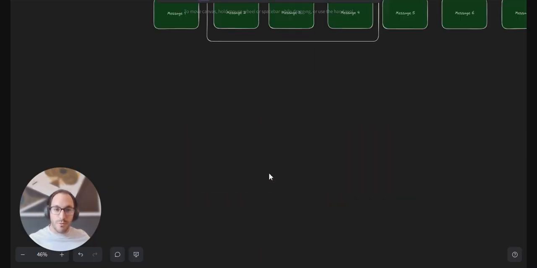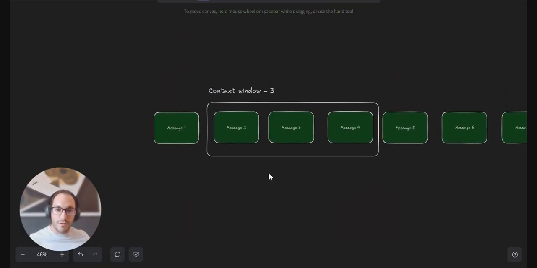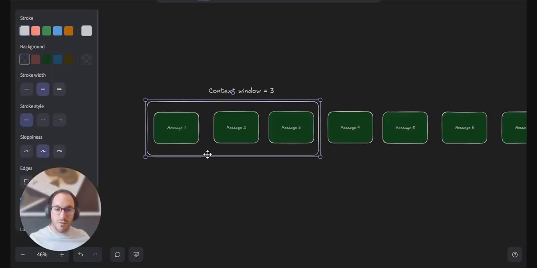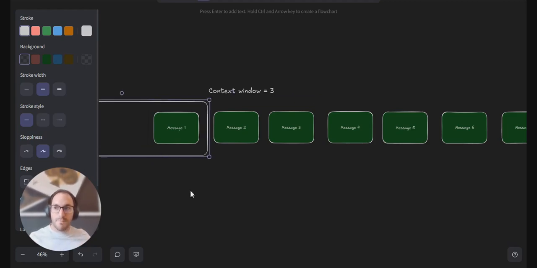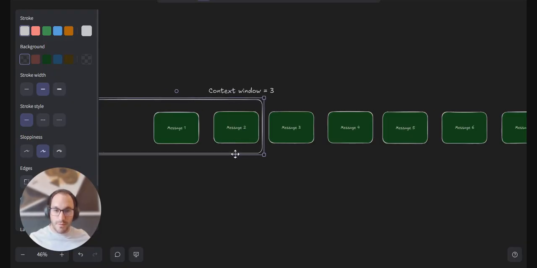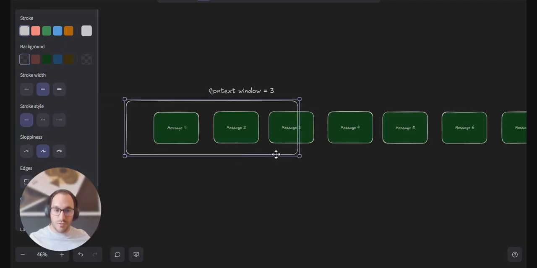So let me show you this in the context of this context window. Remember, originally with short-term memory, the context window was 3. I had oatmeal for breakfast and a sandwich for lunch and tacos for dinner.